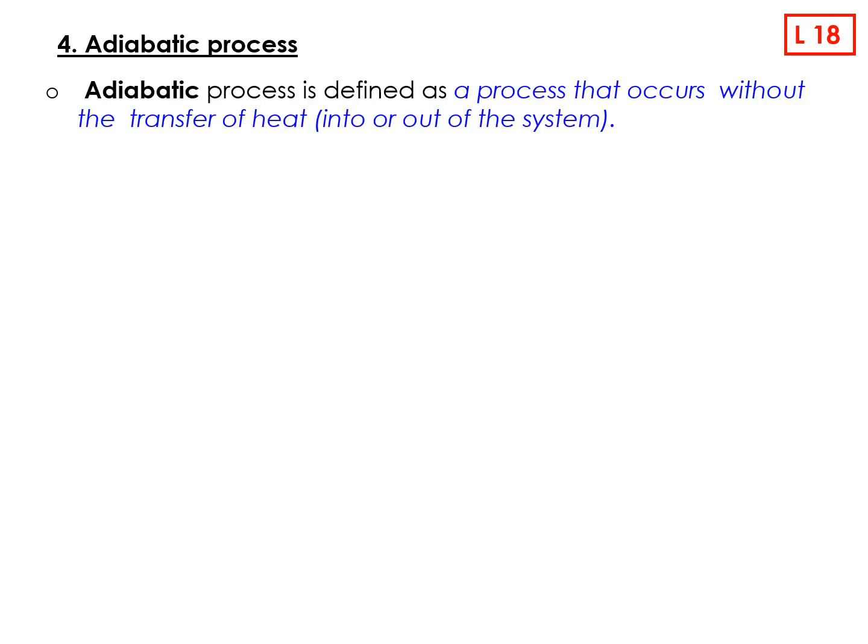The last process is the adiabatic process. So what is the meaning of adiabatic? An adiabatic process is defined as a process that occurs without the transfer of heat, either into or out of the system. So it means Q is equal to 0.